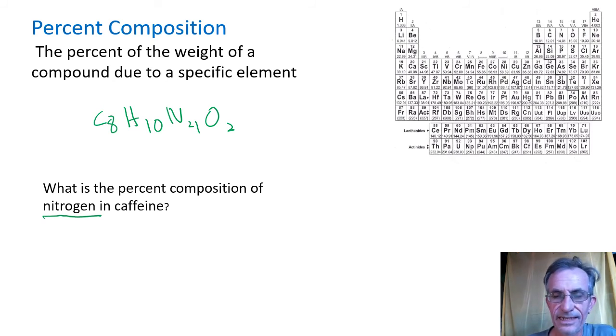So for the percent composition, I could ask you about oxygen or nitrogen or carbon, but just for the heck of it, let's talk about nitrogen. What percent of the weight of that thing is from the nitrogen atoms?